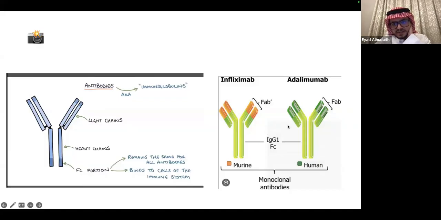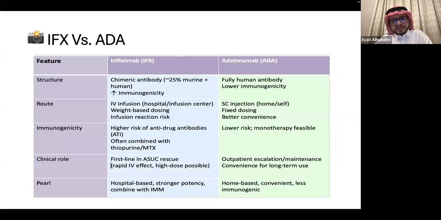Adalimumab is mostly human, while infliximab has murine parts, which come from mice, and this is why it has more immunogenicity, and this can explain why we use combo therapy with infliximab more than adalimumab. I don't know if we can go through it, but at least take a picture. These are the differences between infliximab and adalimumab.